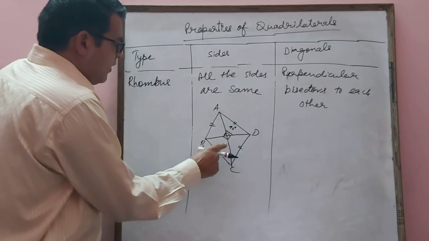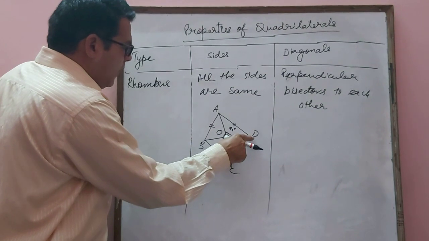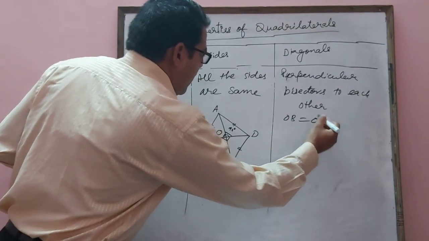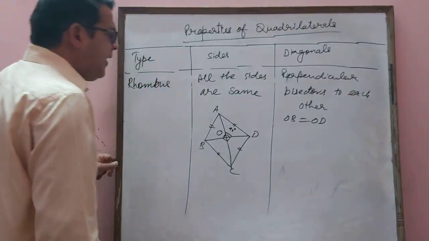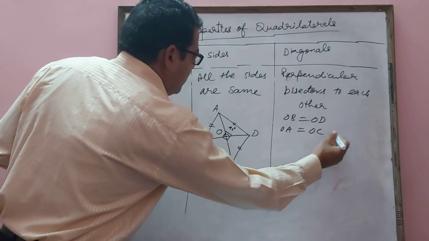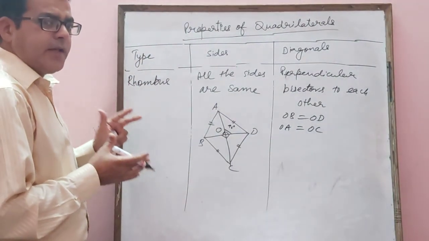Here, suppose this is the intersection point O. OB and OD are the same, right? And OA and OC are also the same, since they are bisecting each other.